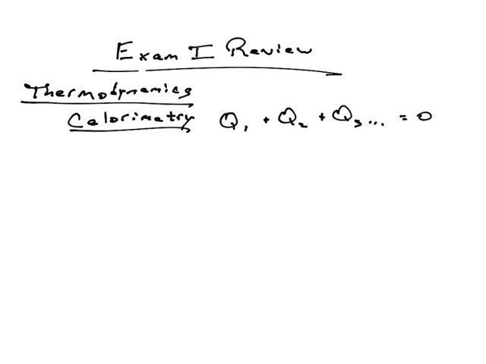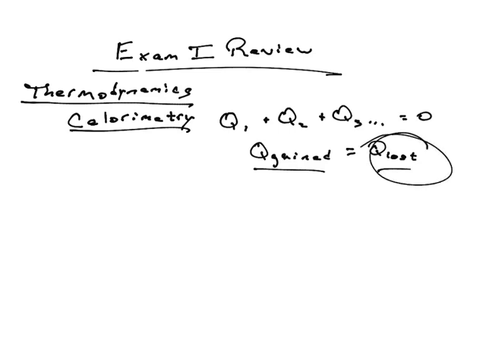And so another way you can see it is to think of it as Q gained is equal to Q lost. All the things that gain energy are over here, all the things that lose energy are over here. The problem with doing it this way, which is why I don't say it this way, is because there's a hidden negative sign over here in Q lost.